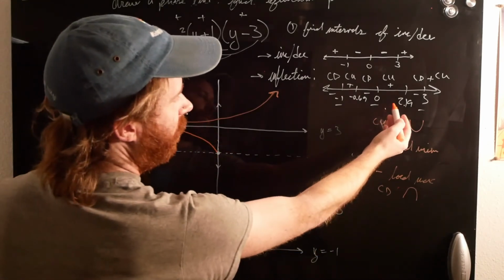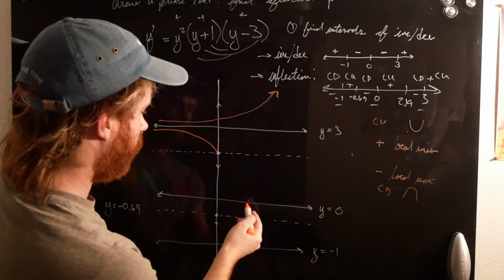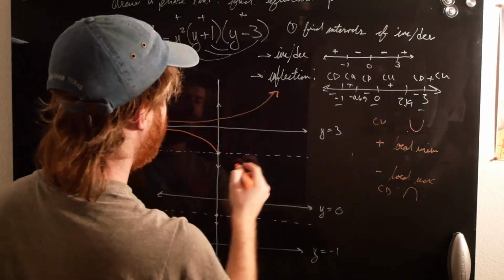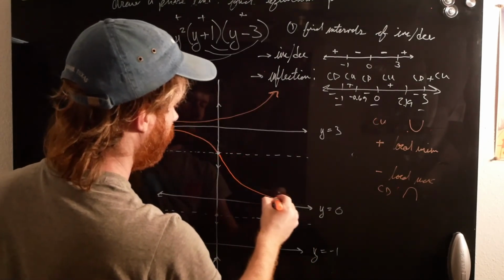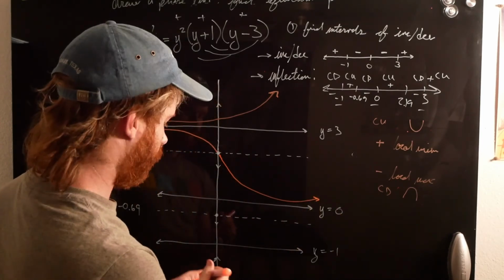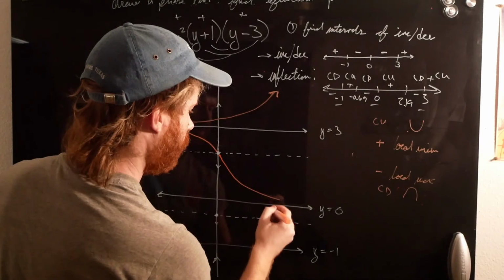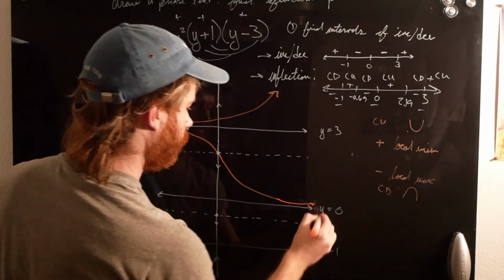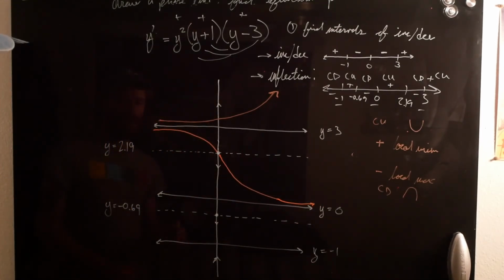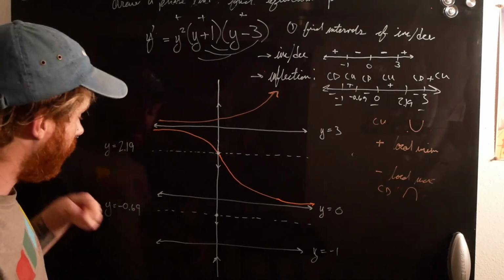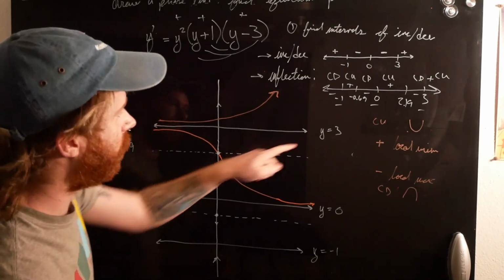Concave up from 0 to 2.19. It's concave up, but it's still decreasing. Just like that. Okay.